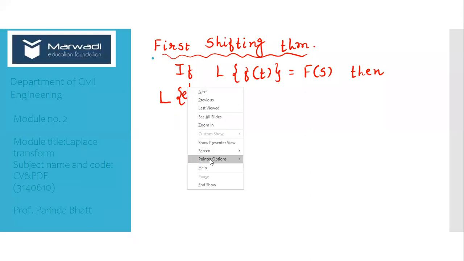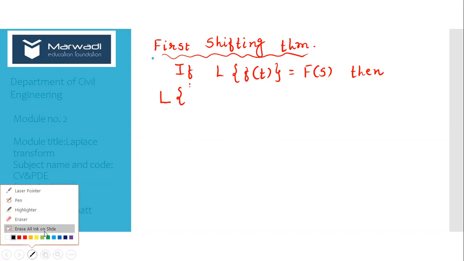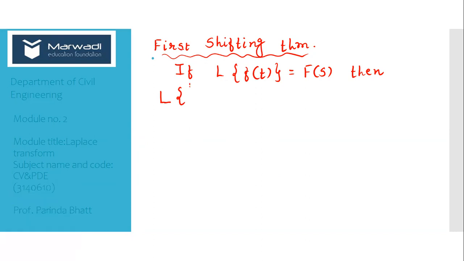Laplace of e raised to at into f of t is equal to f of s minus a.